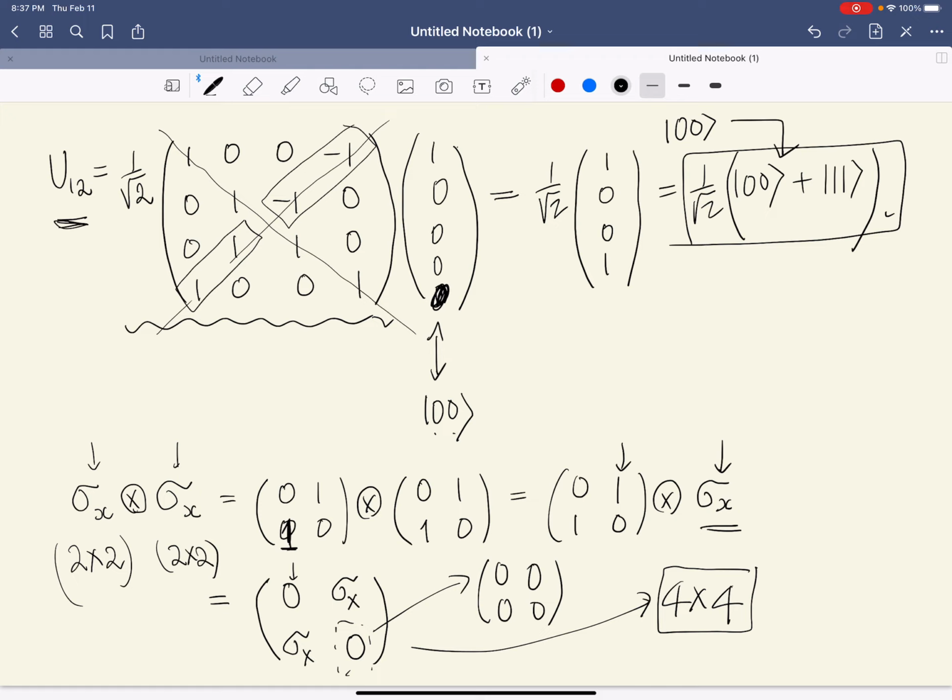And the tensor product is another way of defining the multiplication between two matrices, and the result is a matrix which is bigger than the two matrices you used to perform the tensor product. So that's the difference.